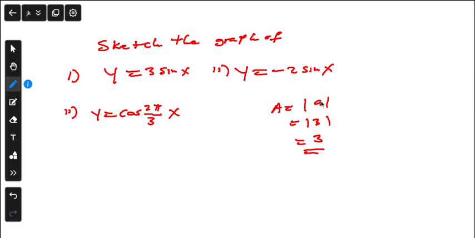Period describes the interval where you are ending. Finding the period here, it is 2 pi divided by b. As you can see here, the value of b is 1. As a result, we are going to get 2 pi. Alright. So let me just do this.